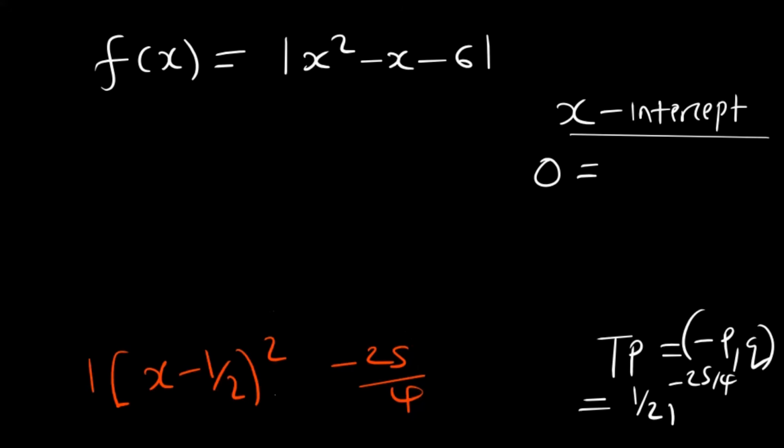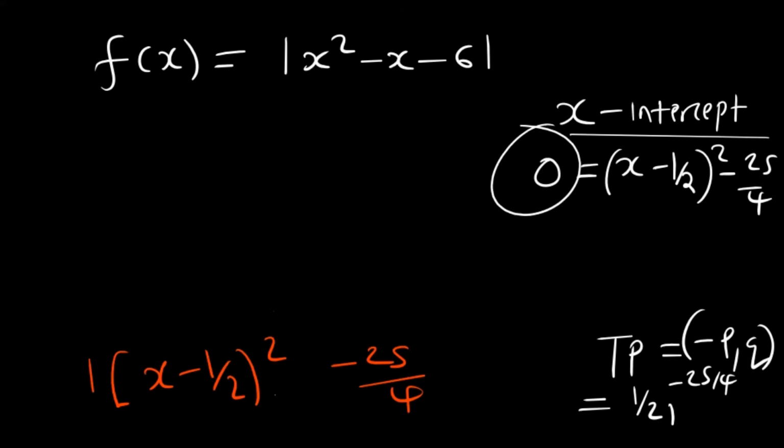So that will be x minus half, this is squared, minus 25 over 4. Then all we just have to do is solve this, because on the x-intercept y is equals to 0. So I'm going to take the negative 25 over 4 on the other side. It becomes positive. So I'm going to have 25 over 4 is equals to x minus 1 over 2.